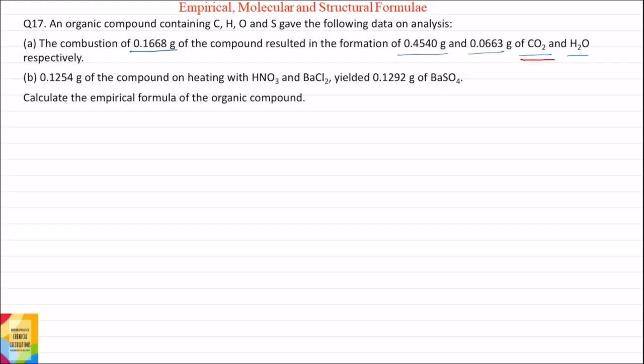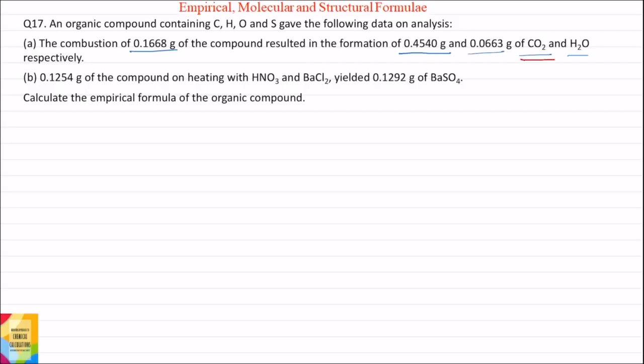Therefore, moles of carbon dioxide will be equal to moles of carbon, or we can also say moles of carbon will be equal to moles of carbon dioxide. Now how will we find moles of carbon dioxide? Weight of carbon dioxide is given, so weight of carbon dioxide divided by molecular weight of carbon dioxide will give number of moles of carbon dioxide.